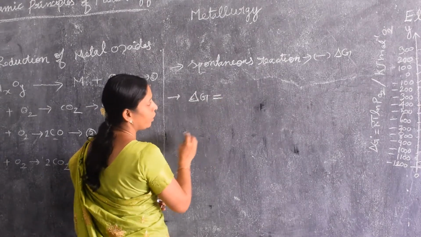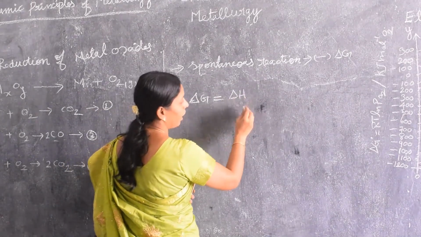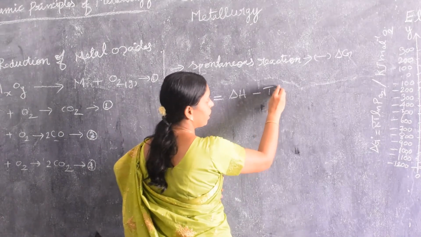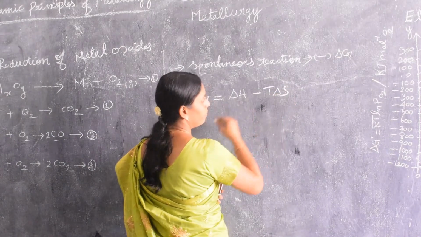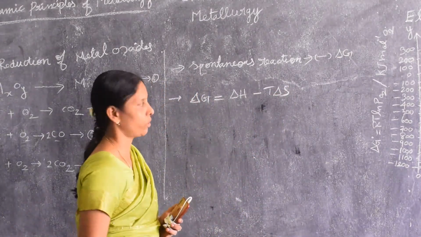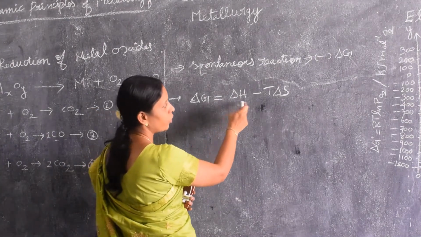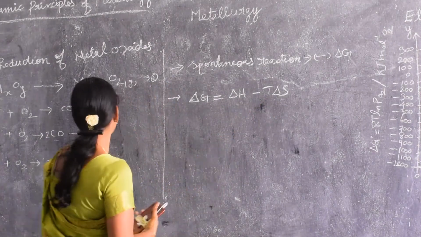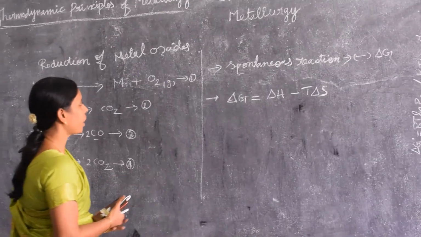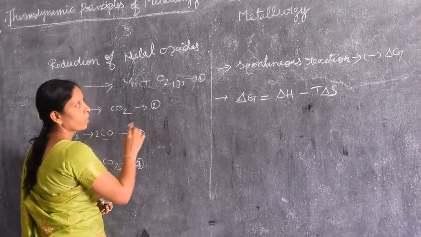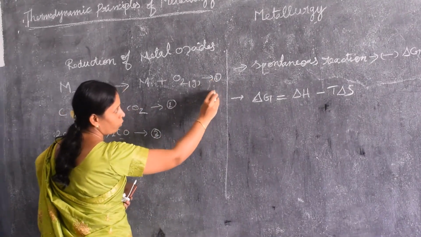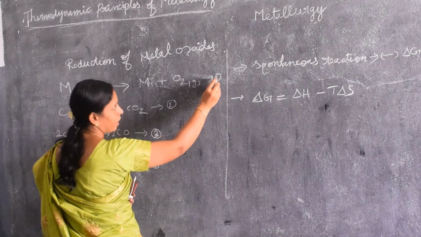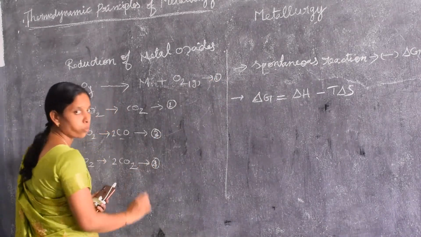Delta G equal to delta H minus T delta S is the straight line equation. Equation 1 is coupled with 2, equation 1 is coupled with 3, and equation 1 is coupled with 4.